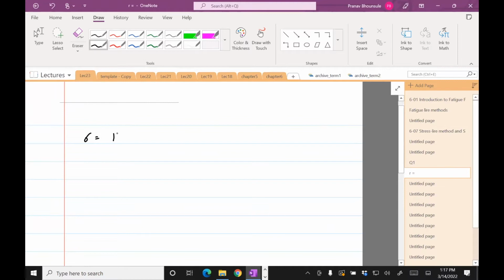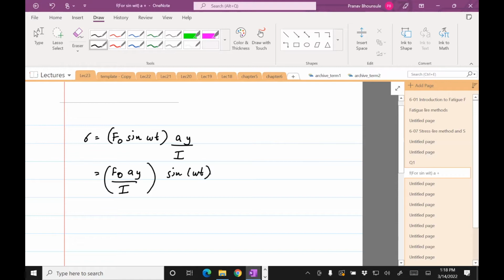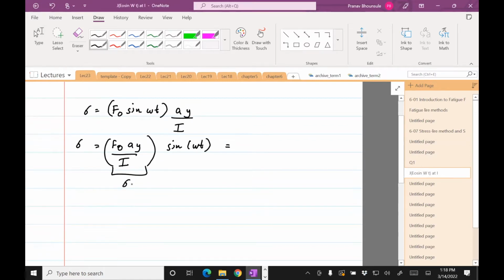We have F0 sine omega t times A y divided by I. And so we can just club all the terms not involving the sinusoid together, and I'm just going to call that term, which comes as the amplitude, sigma 0. So we have sigma equals sigma 0 sine omega t.